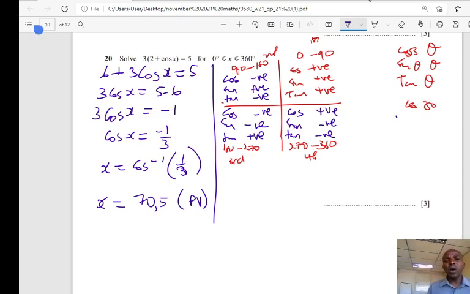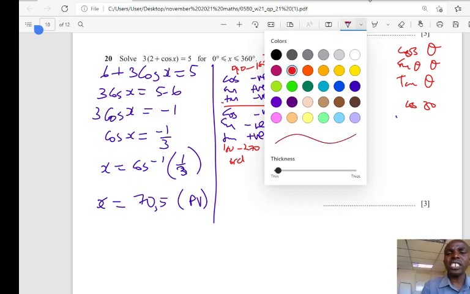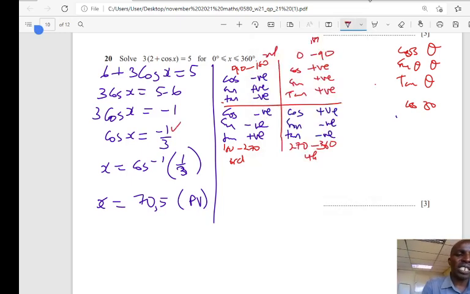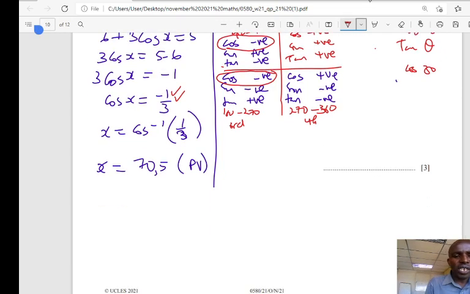That's it. Now, using the quadrant rule, you check the positions where cos is negative. If cos x is negative, it's the second and the third quadrant. Now to solve, you just include the second and the third quadrant.